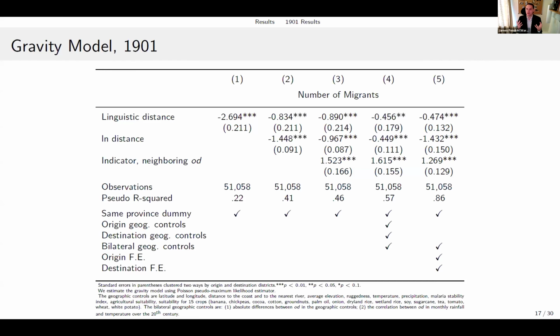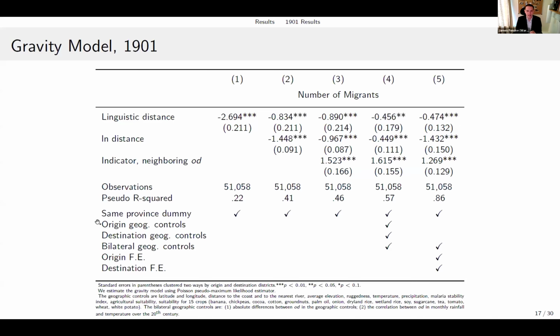But obviously, districts that speak more dissimilar languages are further from each other. And so you throw in log distance as a control, and you throw in a dummy for whether the origin and destination physically border each other, and you'll get that the coefficient falls notably compared to not having any controls at all.